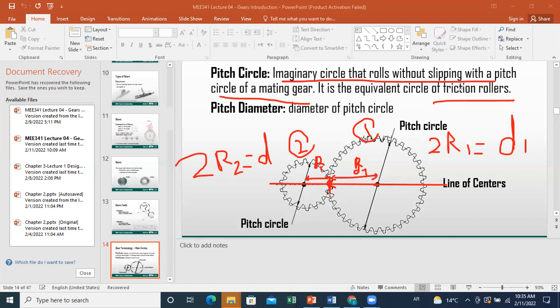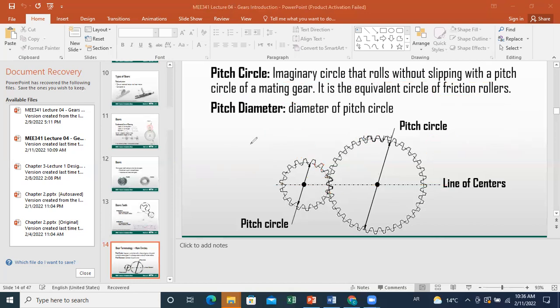However, for rollers, you should always check that you have enough friction to allow the transmission of rotation, while in the gear configuration, you can always ensure that force will be transmitted between the two parts. So this is for the pitch circle and pitch diameter.